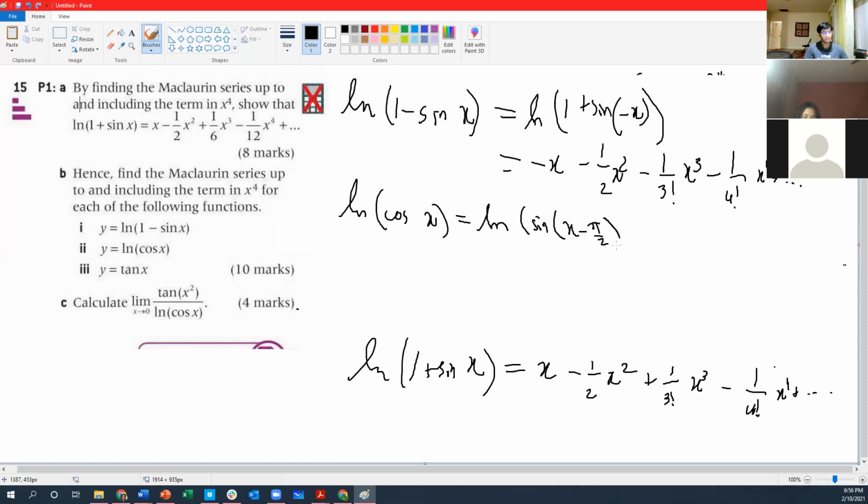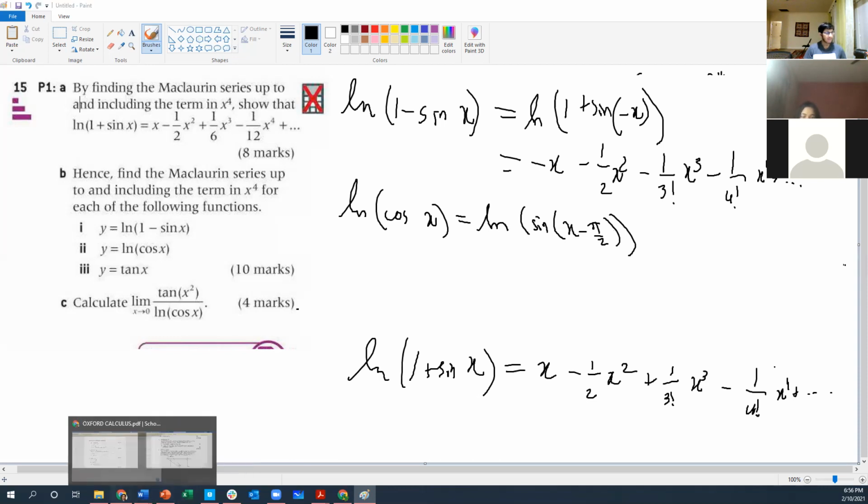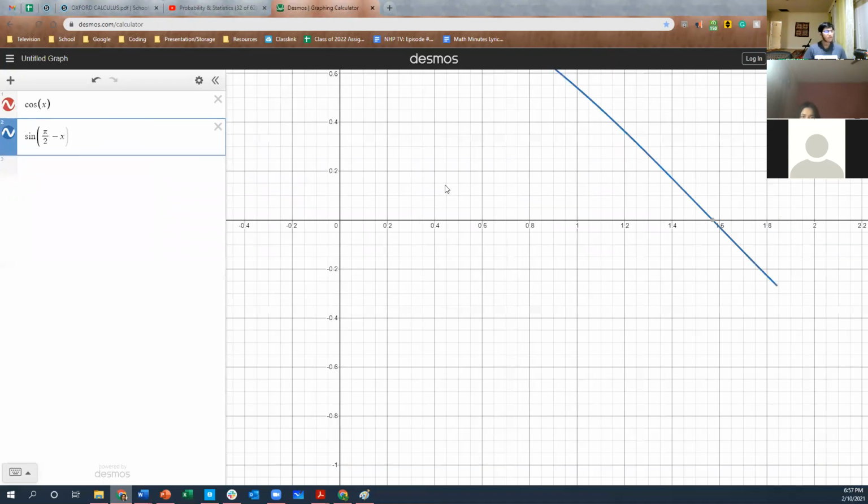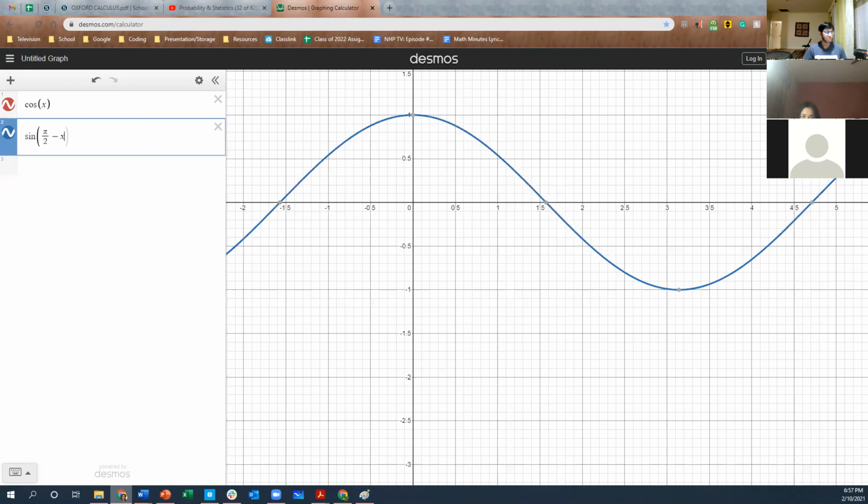Would that work? Is that true though? Let me graph that. I know we don't have access to this, but for the sake of understanding it, cos of x, and then we have sine of pi over 2 minus x. Yes, that does set them equal to each other.